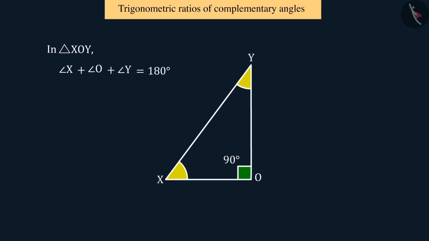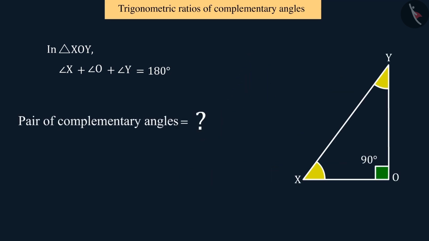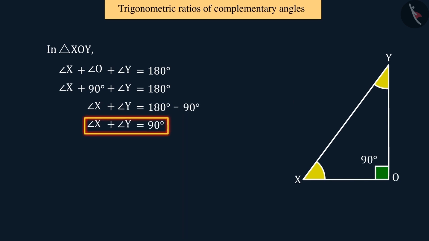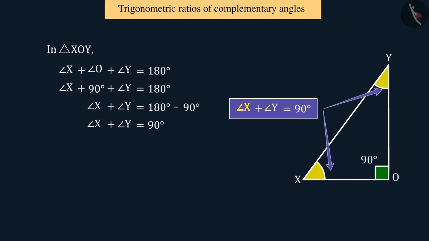So, can you look at the diagram and guess whether there are any pairs of complementary angles here? Yes. Here, angle X and angle Y form a pair of complementary angles. That is, we can say that the value of angle X plus angle Y will be 90 degrees.